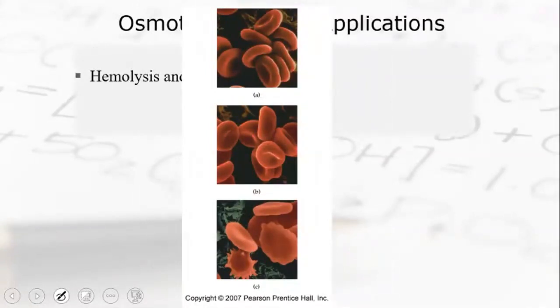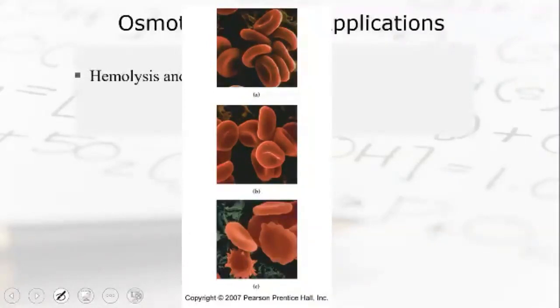So for example, red blood cells, if they are placed in something called an isotonic medium, in other words, a medium where the concentration of salts and solutes on the outside is the same as inside the cells, the red blood cells have the shapes that you can see there on the top. They look like little, I don't know, Cheerios maybe.